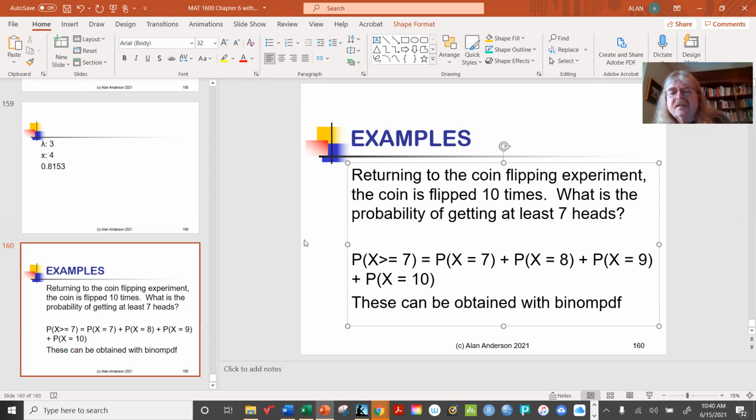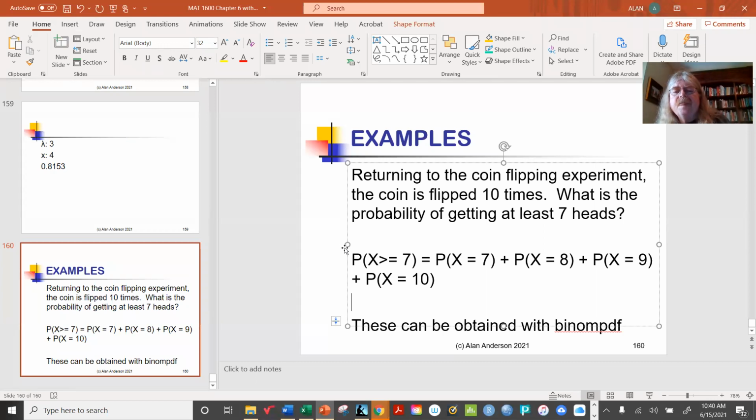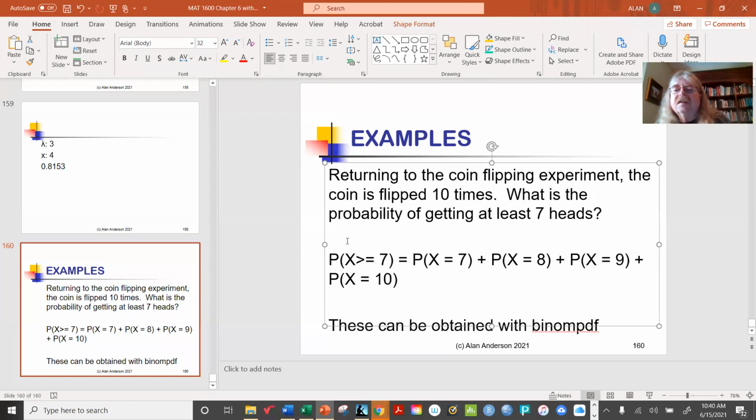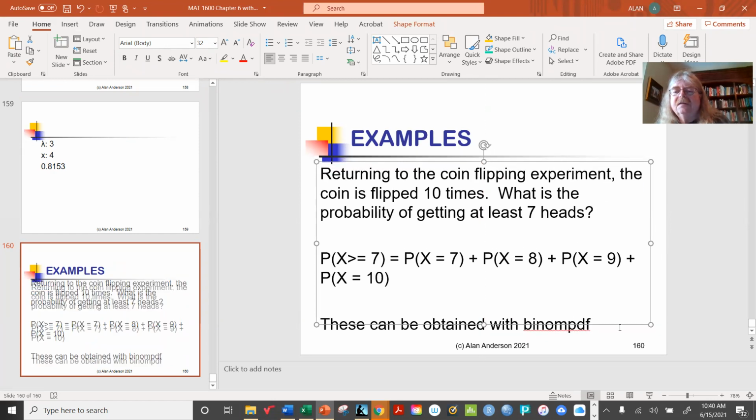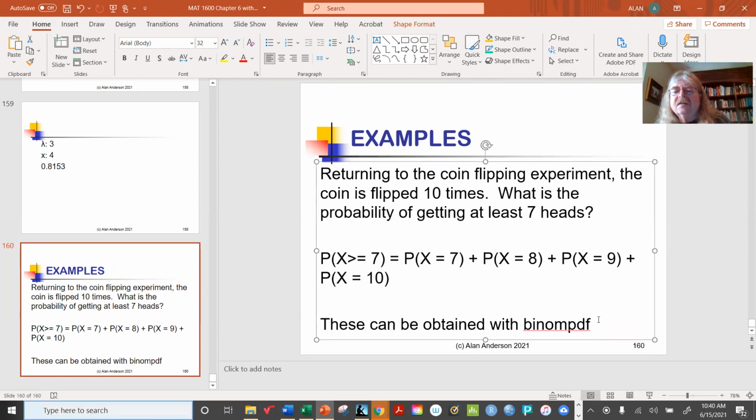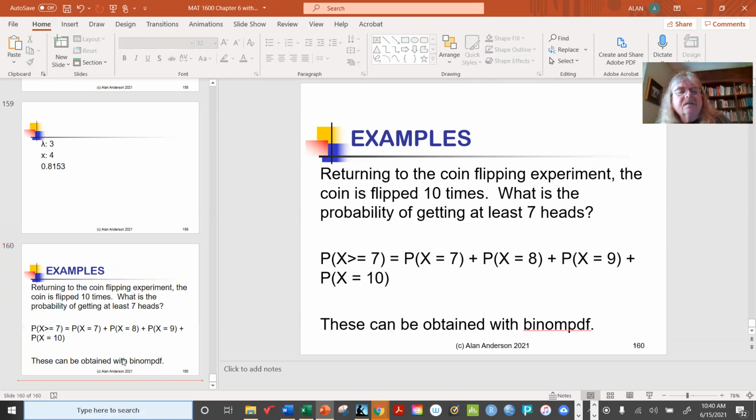But if you notice, it's not less than or equal to, so it appears that we can't use CDF, can we? Unless we decide to get clever. Sometimes cleverness can help save us a lot of time in math and in statistics.